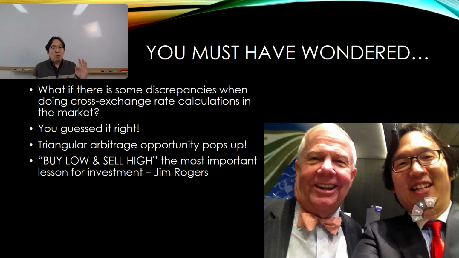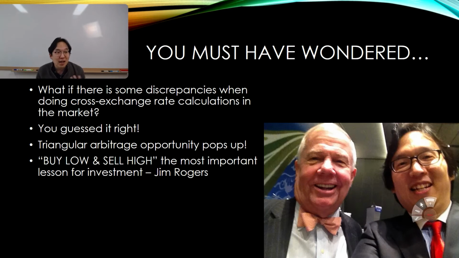Now, what if there are some discrepancies when doing these cross exchange rate calculations in the market? Some banks may try to do direct exchange, making the market between Chinese yuan and Australian dollars, direct exchange. I will do that for you. What if that direct exchange rate is wrong somehow? The bankers make mistakes somehow.